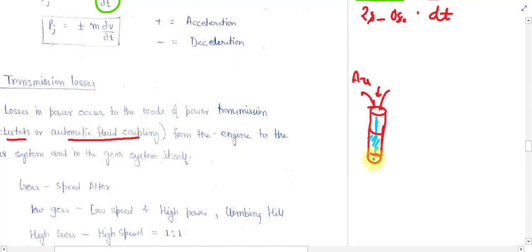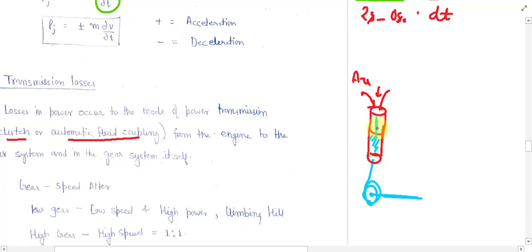and this piston is connected through a coupling to a mechanism which converts the horizontal motion into circular rotation.